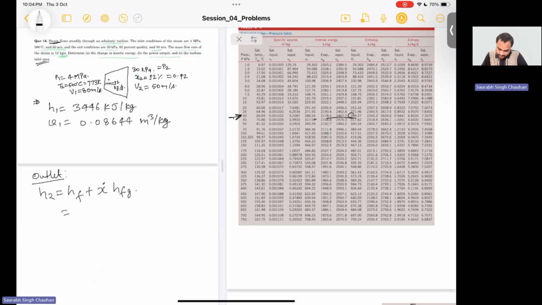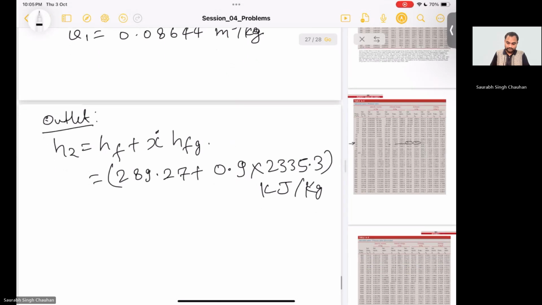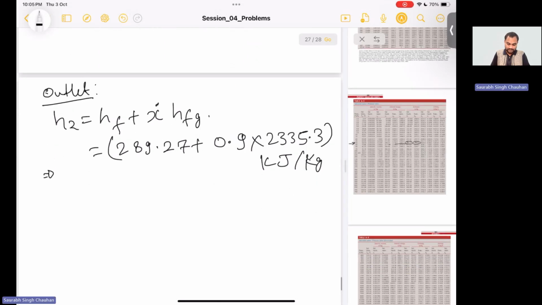So HF is 289.27, quality is 0.9, and HFG is 2335.3 kilojoule per kg. Now you can calculate H2.